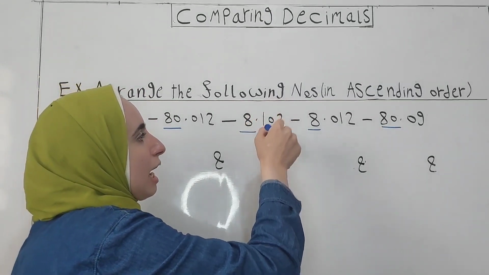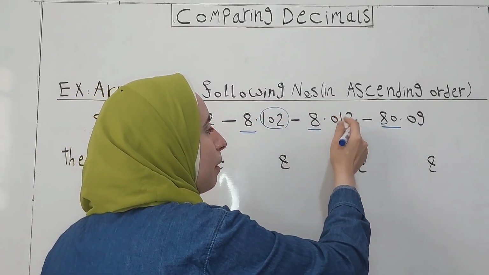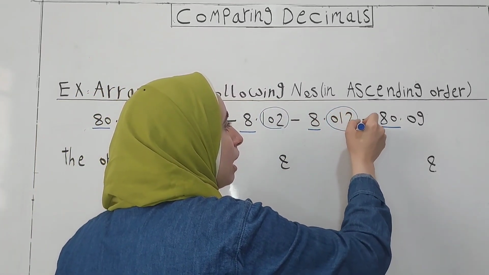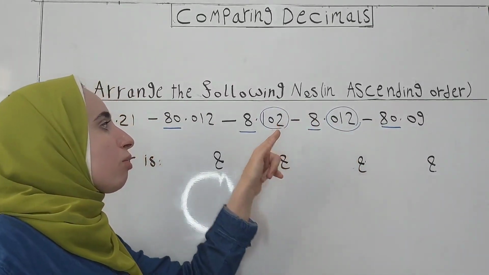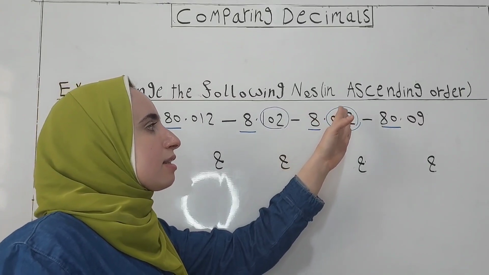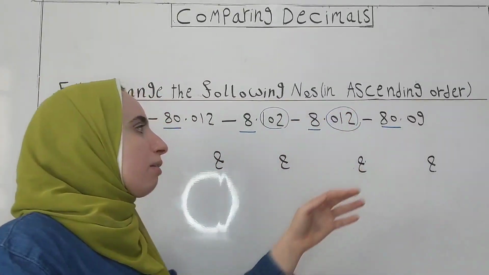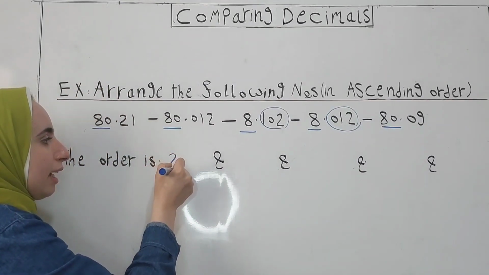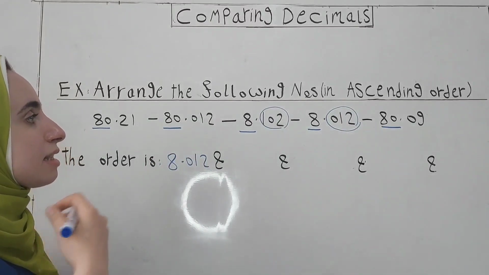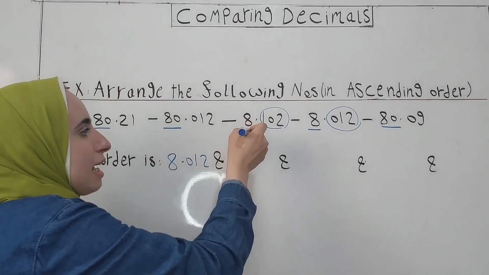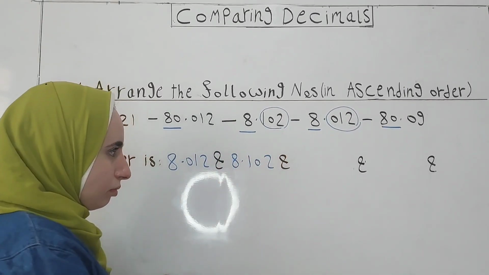The decimal part has 102, and the decimal part here has 12. Which is the smallest, 12 or 102? 12 is the smallest. So we start with 8 and 12,000. Then the next smaller number is 8 and 102.